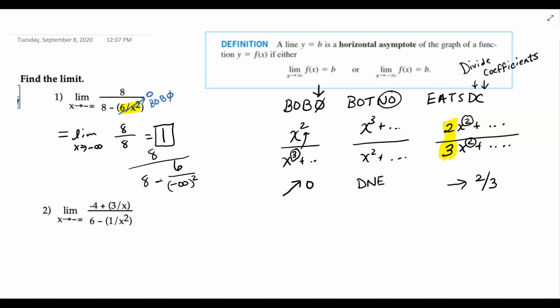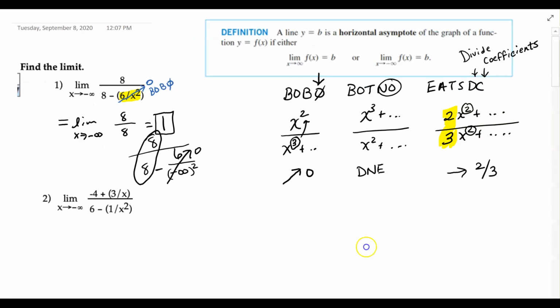So suppose you had $6 and you want to divide it by, I don't know, 1,000,000,000,000 people. How much would each person get? Virtually nothing. They'd get 0. So that's where you end up with this, and you just divide 8 divided by 8 because that's what's left, and you get 1, and the limit of a constant is the constant itself. Okay, so that's the way that you would approach this.